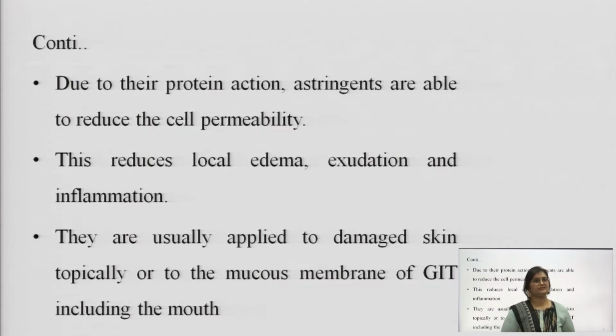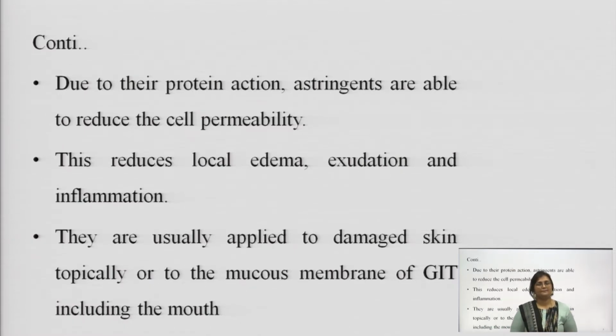Astringents also reduce local edema, also known as swelling. They also reduce exudation and inflammation. So, these are the various uses of astringents: they reduce local edema, exudation and inflammation.